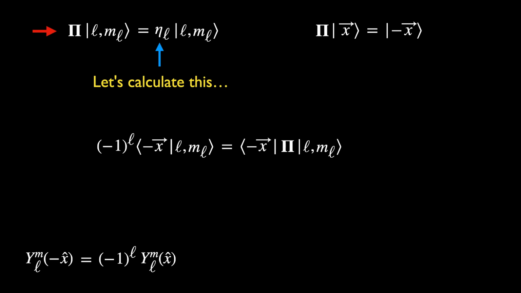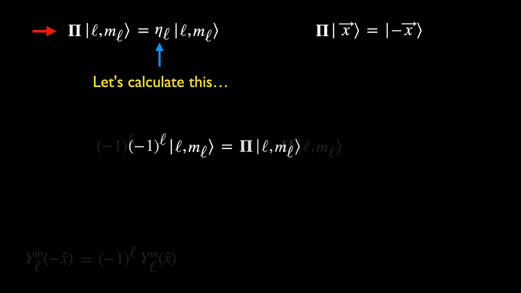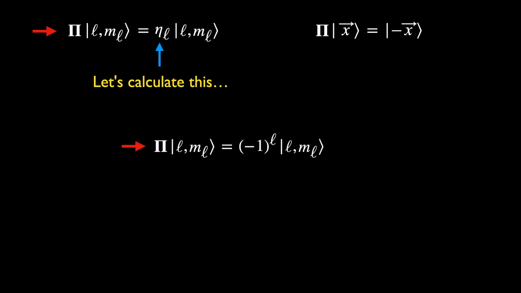We can then factor out the position states from this equation, since they are arbitrary to begin with. What's left is the effect of parity on the state L m, and it shows that L m is an eigenstate of parity, with eigenvalue -1 to the power of L. This is precisely eta L.